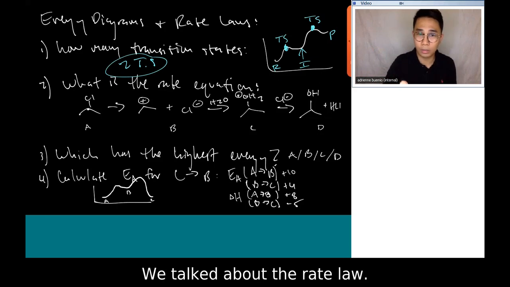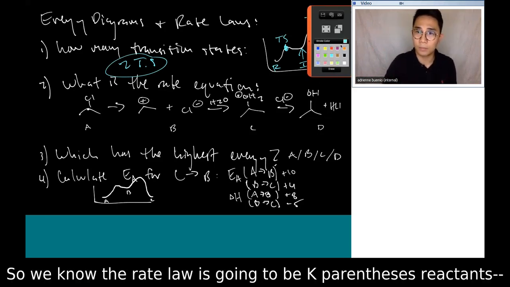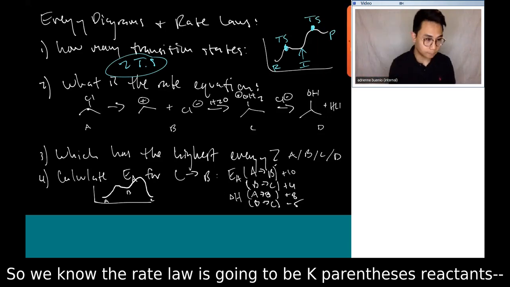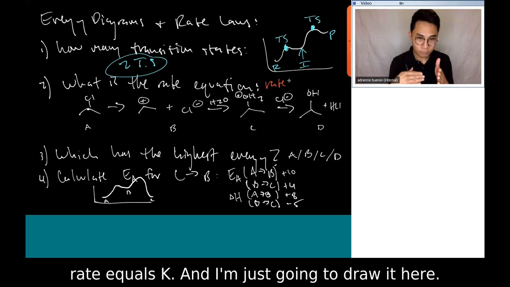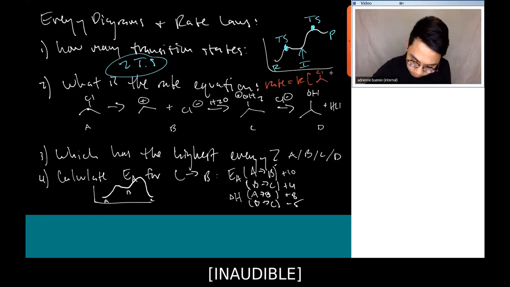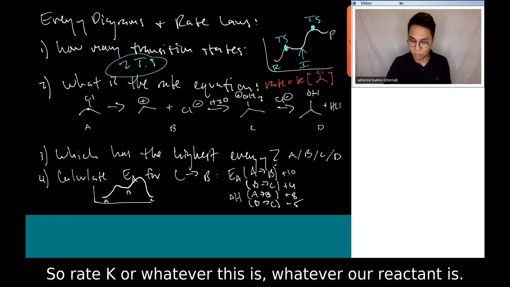We talked about the rate law. So we know the rate law is going to be k times the concentration of reactants, right? So rate equals k, and I'm just going to draw it here to make it simple. So rate is k of whatever the reactant is.